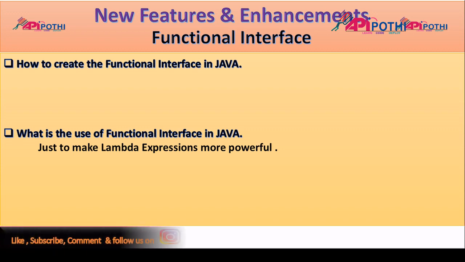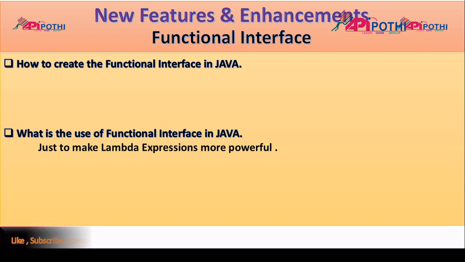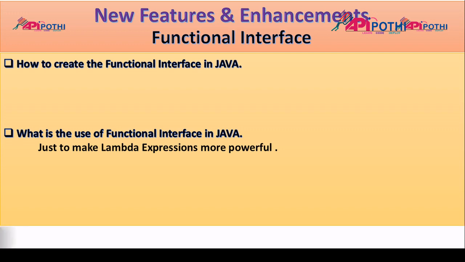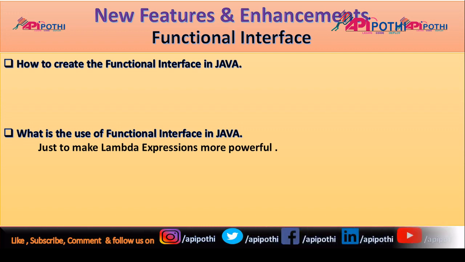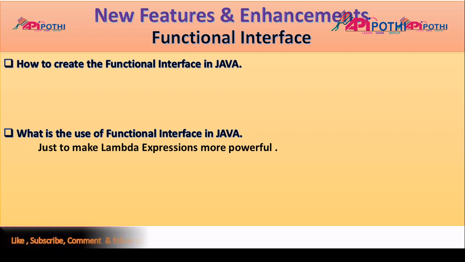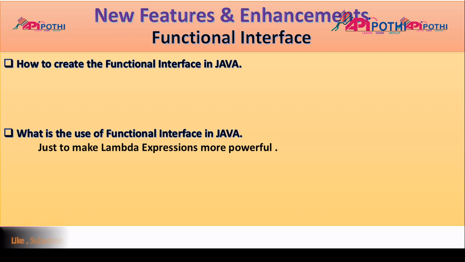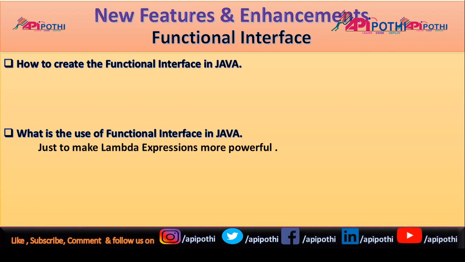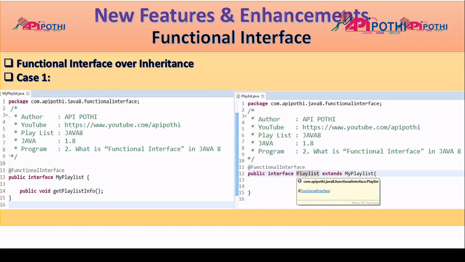There we will understand how lambda expression is very useful on top of a functional interface, or how a functional interface is more powerful on top of the lambda expression, and what the relation between both is. Okay, so for now we just have to understand in a very simple way that a functional interface is just making lambda expression more powerful. Okay, that's all. Now coming to the frequently asked question.